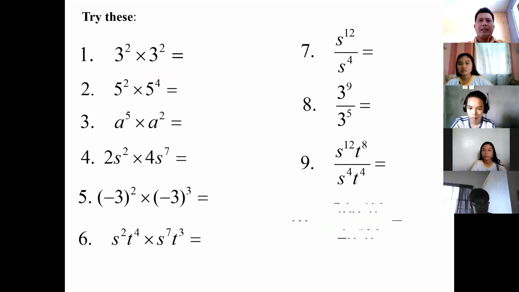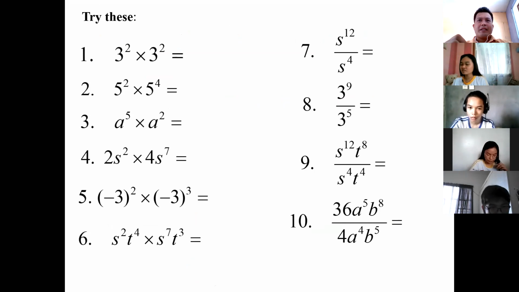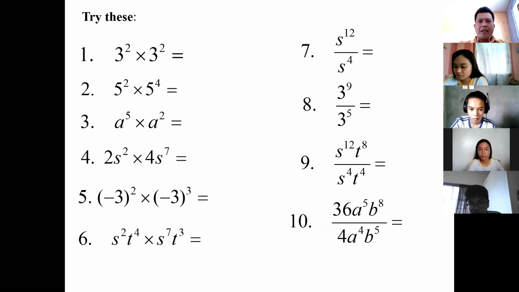Okay, let's try this one. Let's see if you can master the first two rules with these 10 examples. Prepare because I will call your name. Number 1, Catherine. Number 2, Harl. Number 3, Bam.